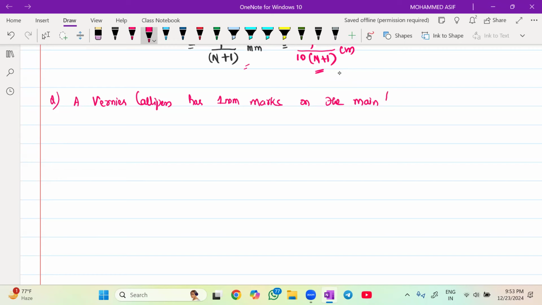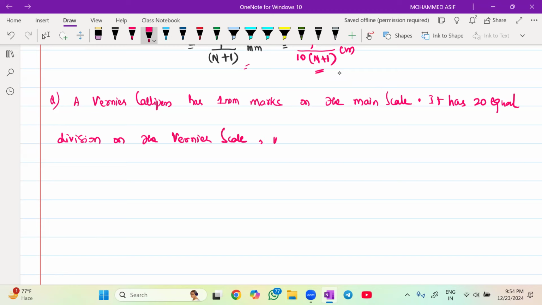Try to understand the question terminology, it is very important. It has 20 equal divisions on the vernier scale.